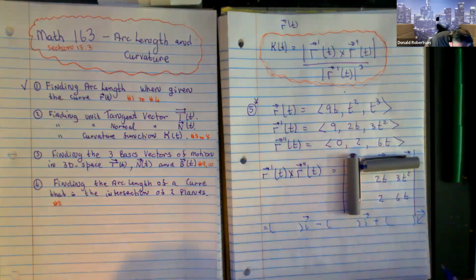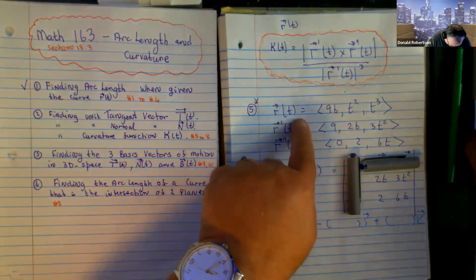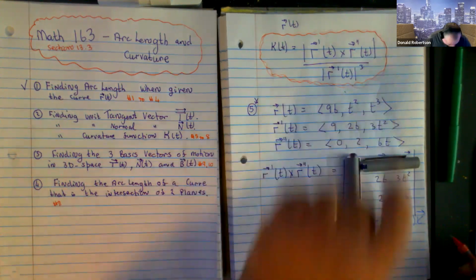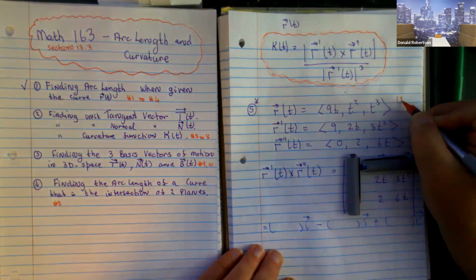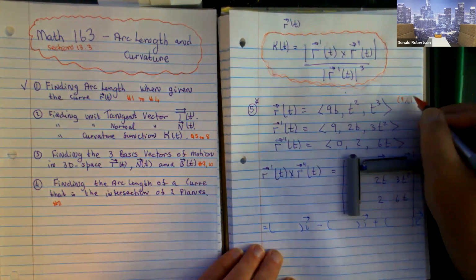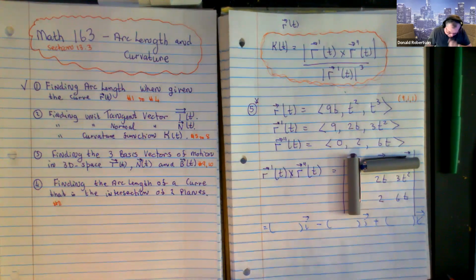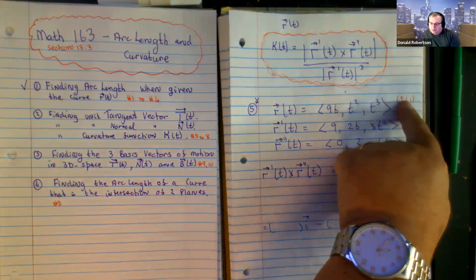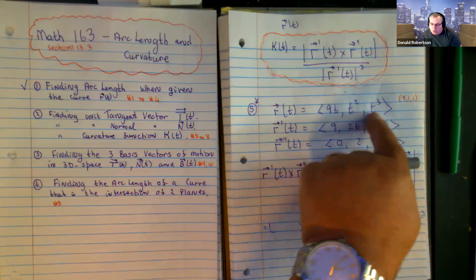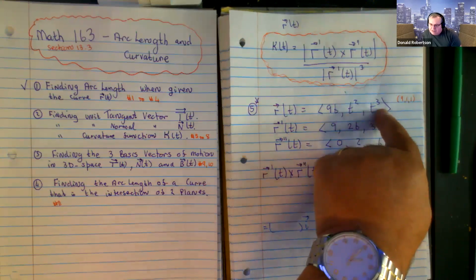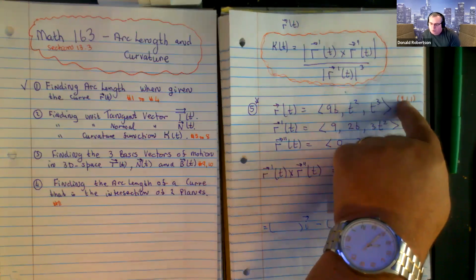Oh, and I forgot to tell you, this question wants to know the curvature at the point 9, 1, 1. Now, at the point 9, 1, 1, what is the value of t that would generate 9, 1, 1?